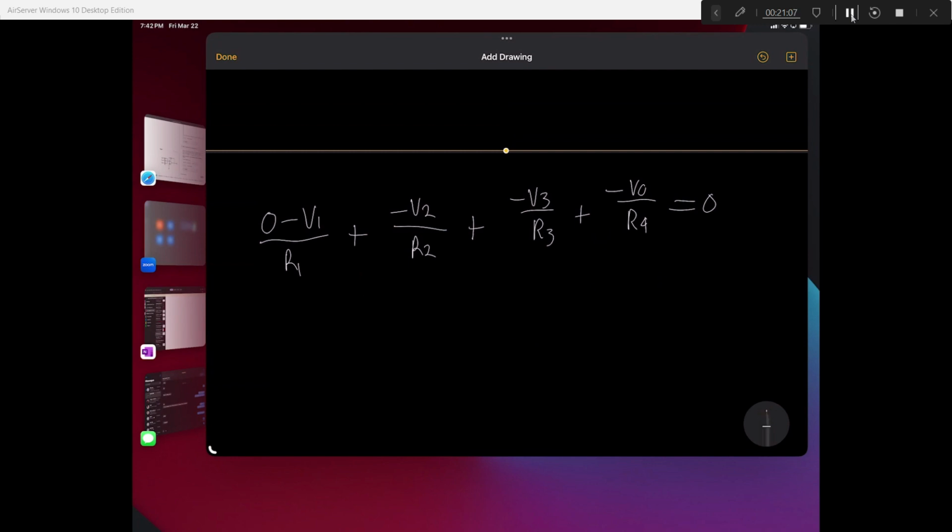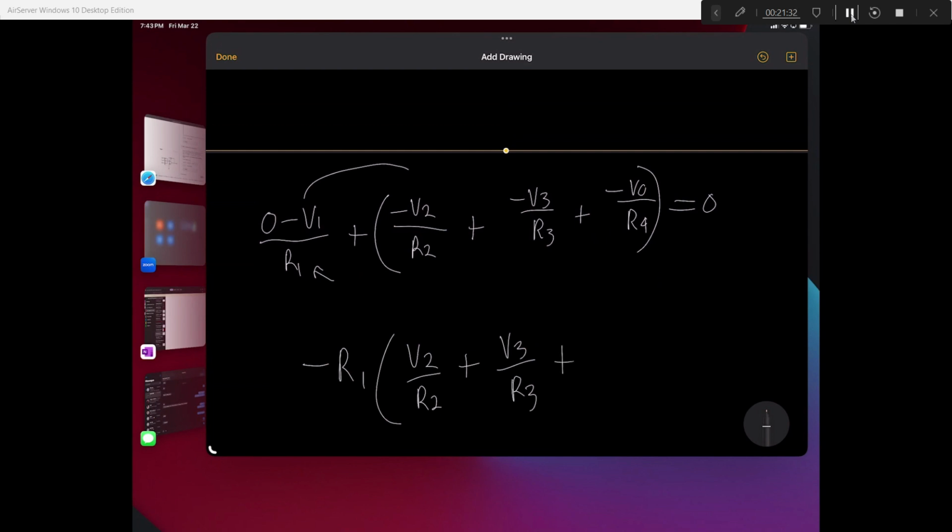We're going to add that over, then multiply by R1, and then factor out these negatives. So to do that all in one move, we multiply that R1 over. So it's going to be V2 over R2 plus V3 over R3 plus V out over R4 is equal to V1.